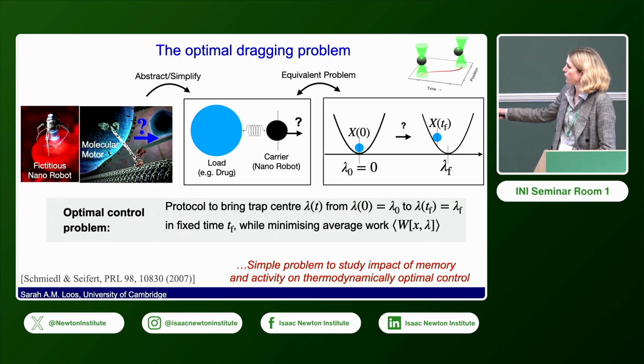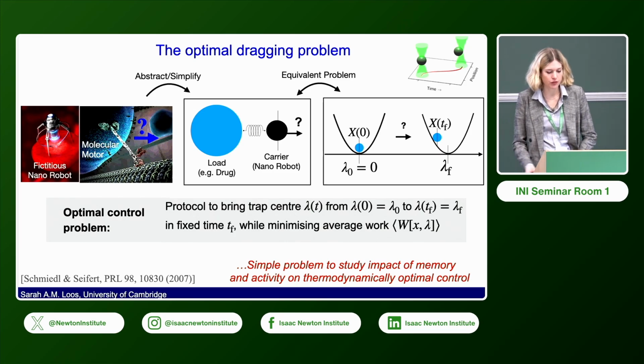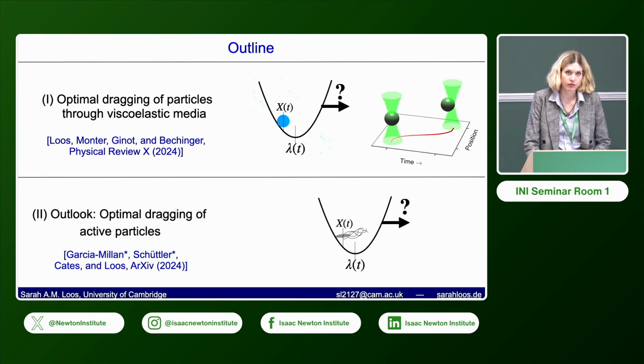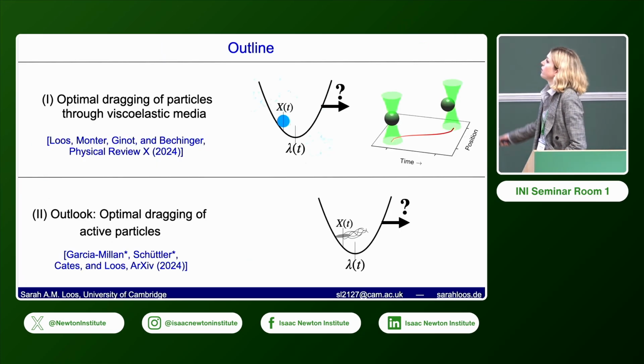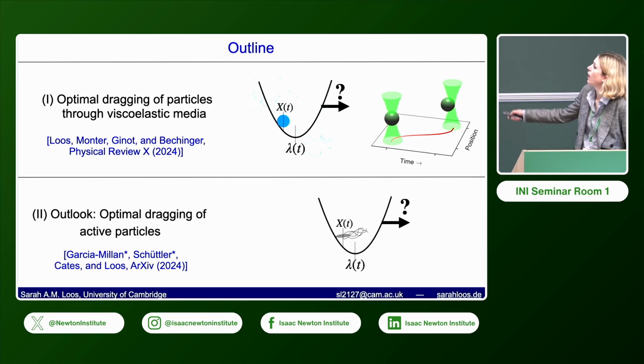Okay, so again, the optimal control problem that we're studying is how shall we move the trap center over a finite distance in a finite time, minimizing the average work. And this is simple enough to be studied analytically so that we can look at memory and activity. Okay, so the plan is to now look at this system in the presence of some viscoelastic surrounding.